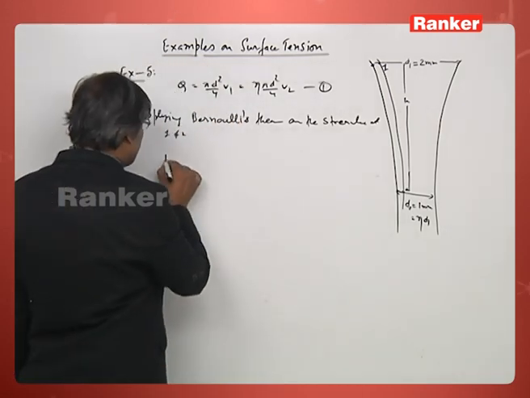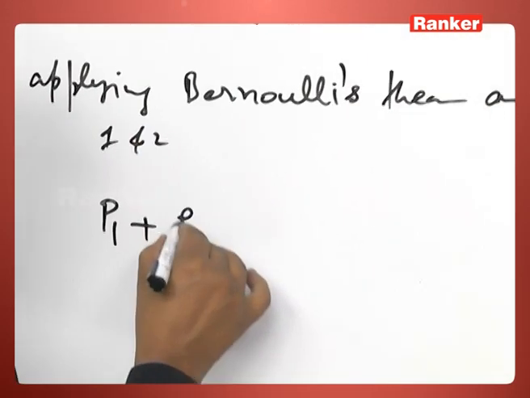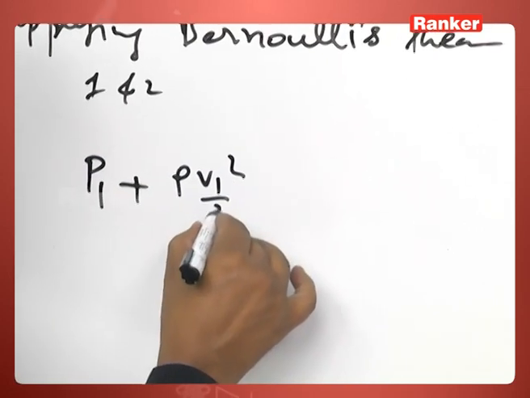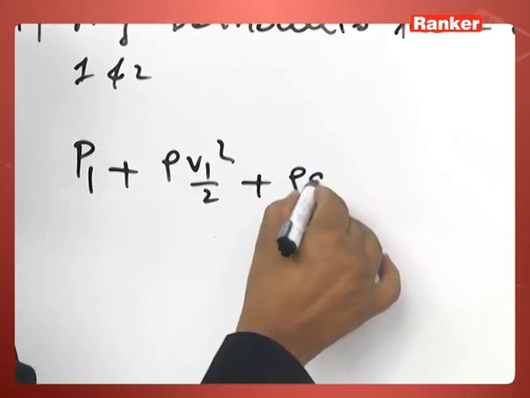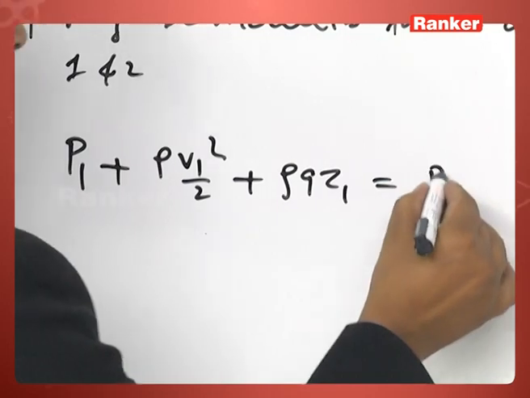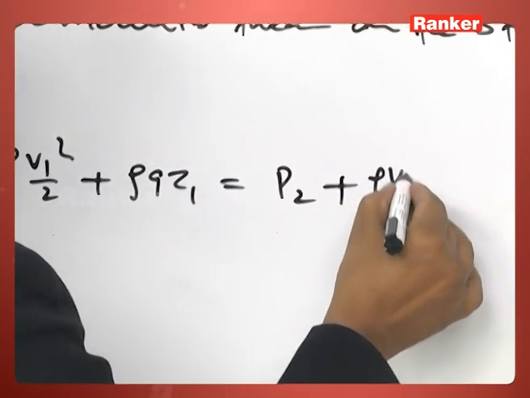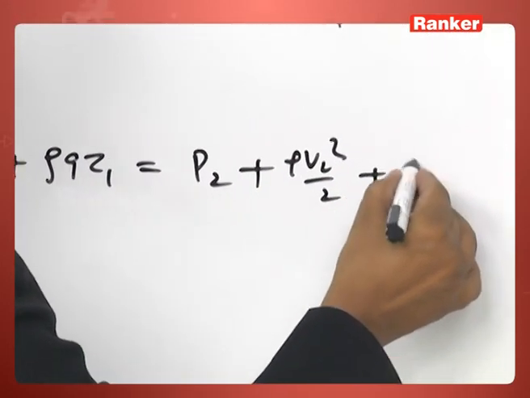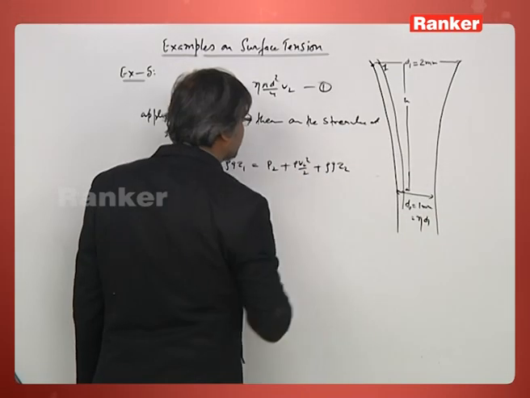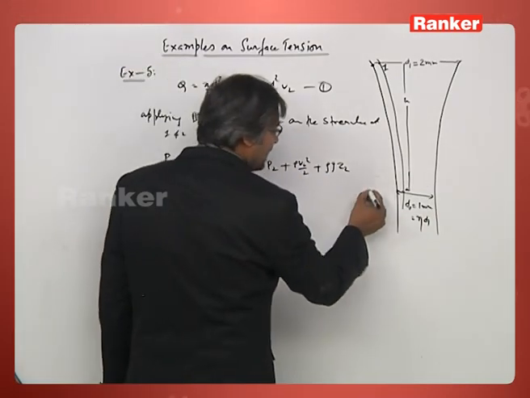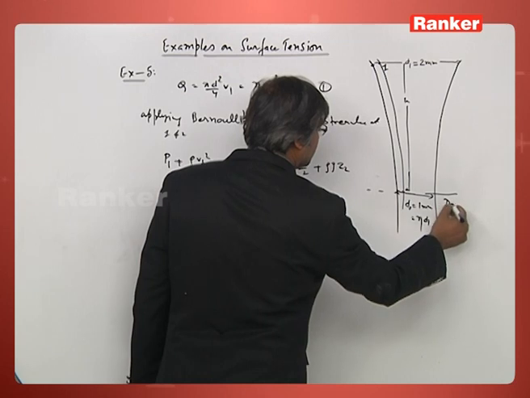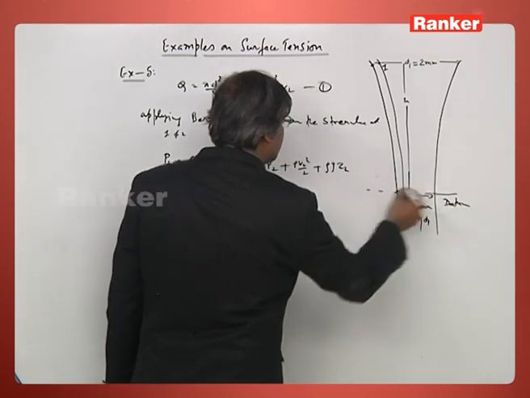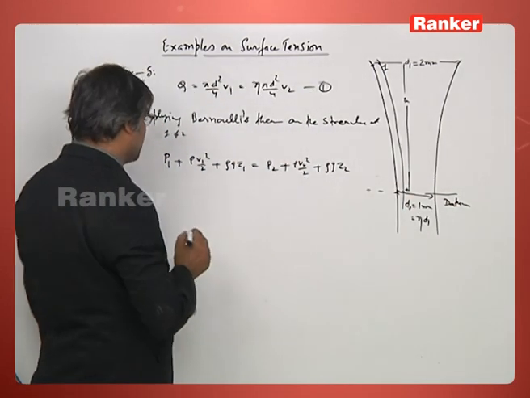So the pressure energy is P1 plus rho V1 square by 2 plus rho g Z1 is equal to P2 plus rho V2 square by 2 plus rho g Z2. If I assume this to be the datum, that means this gravitational potential energy is going to be 0.